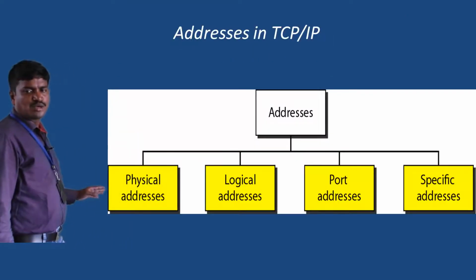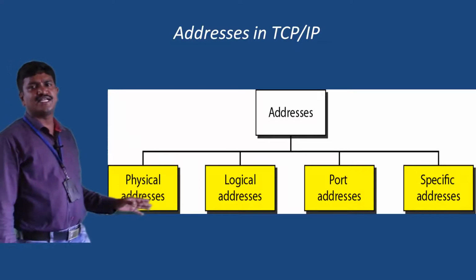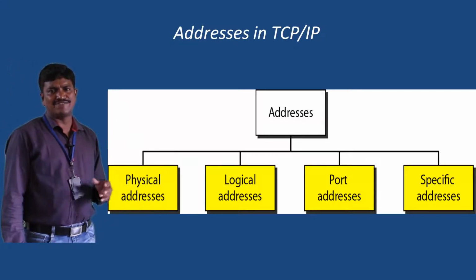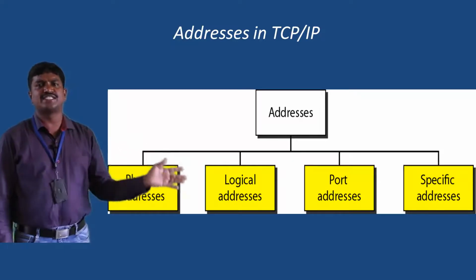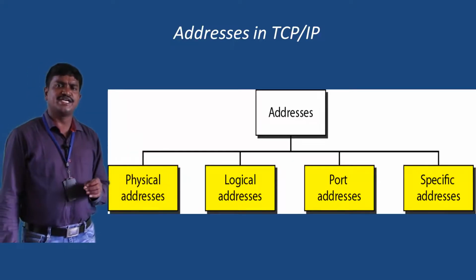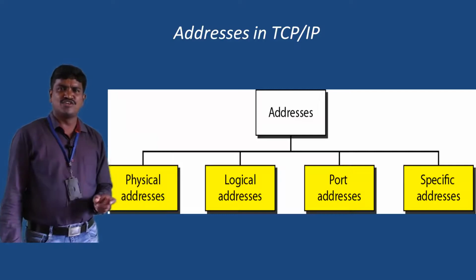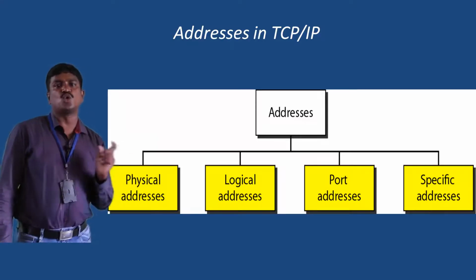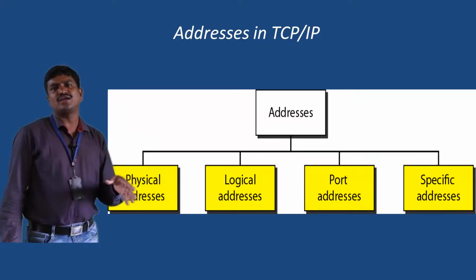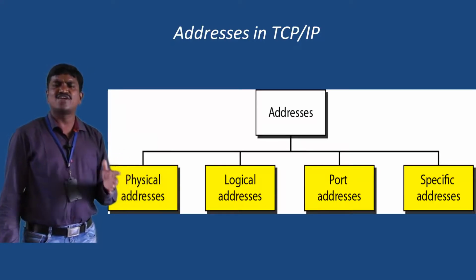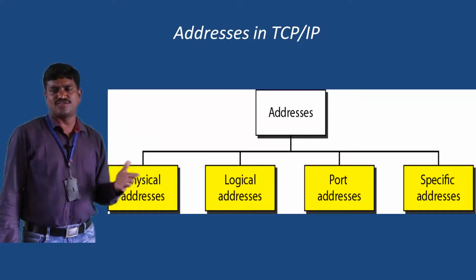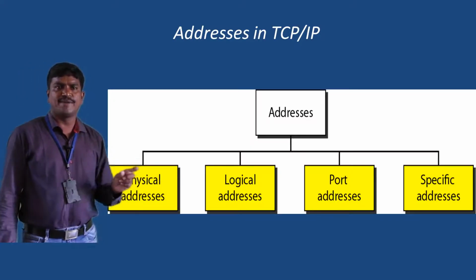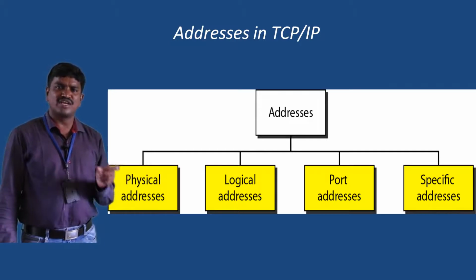Now, if you talk about the physical address, every hardware device should have some unique identity which does not exist with others. That unique identity will tell you who the manufacturer is: a manufacturer code is there, and a product code is there. By looking into that unique address itself, we can say where it is coming from. For example, if you take laptops or desktops, the prefix of the MAC address will give you the manufacturer.